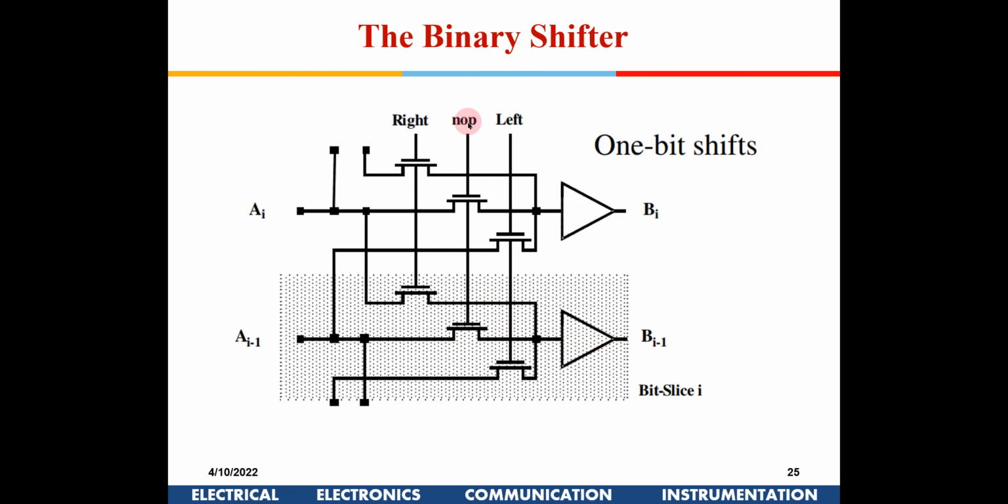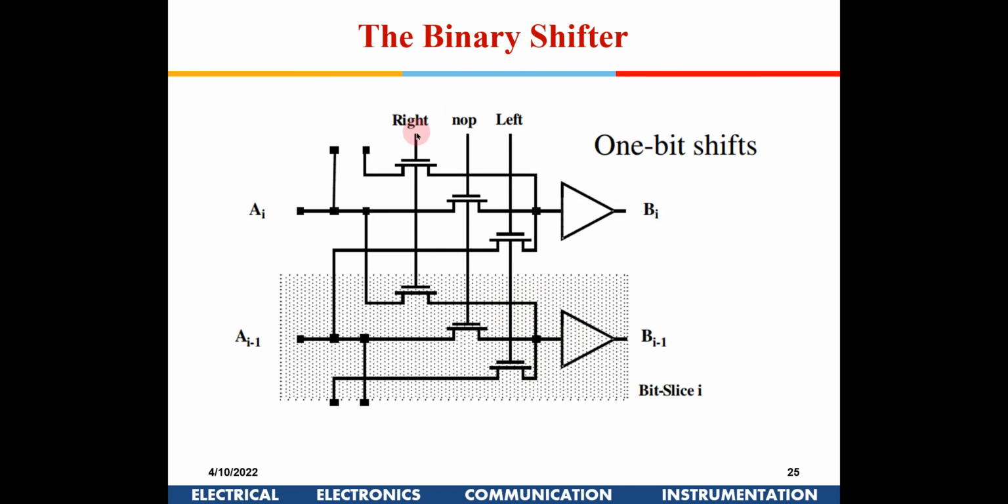Now if I activate the left signal out here, this transistor will be switched on. Now AI minus 1 gets routed to BI. And similarly this input, whatever is available here, AI minus 2 will get routed to BI minus 1. So it is going to shift towards the left.